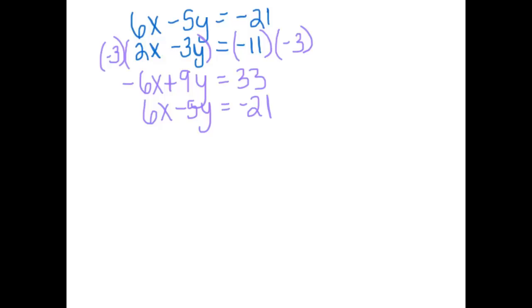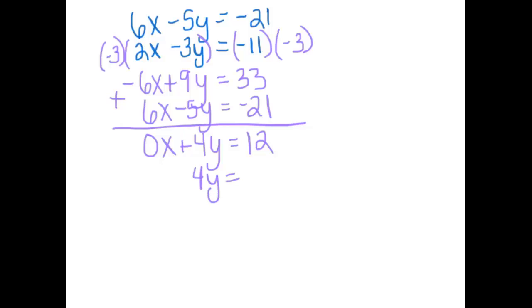Since we have opposites now, I know that one variable will eliminate when we add, and we get 0x. 9 plus negative 5 is 4y equals 12. 33 plus negative 21. So 4y equals 12. That means that y equals 3.